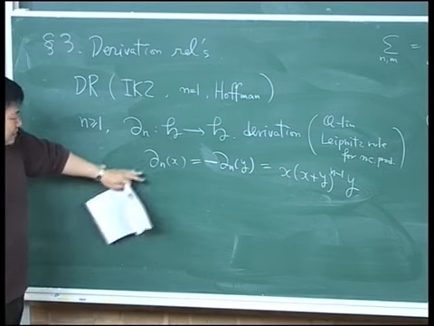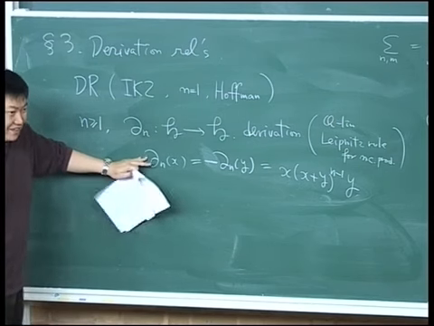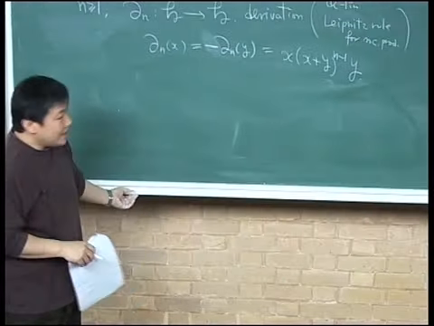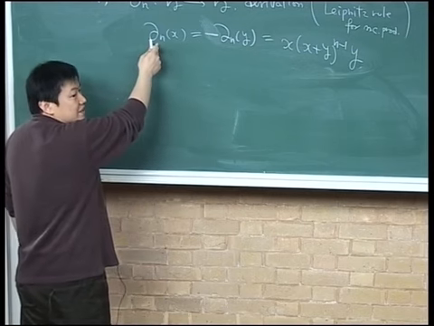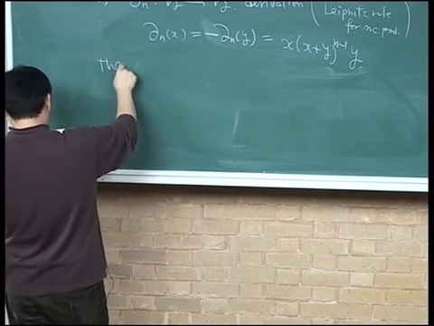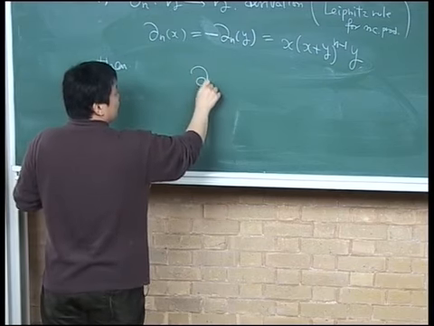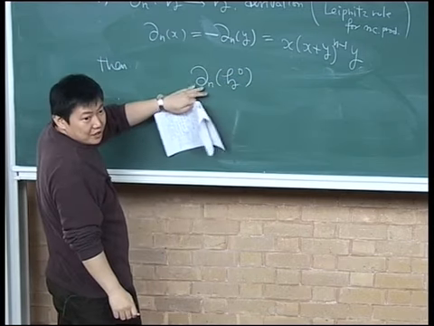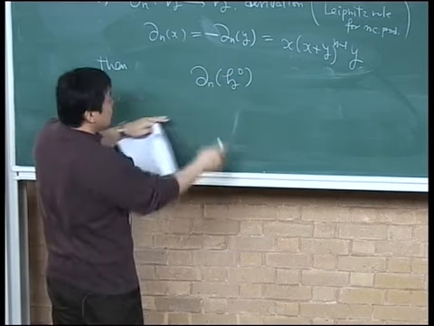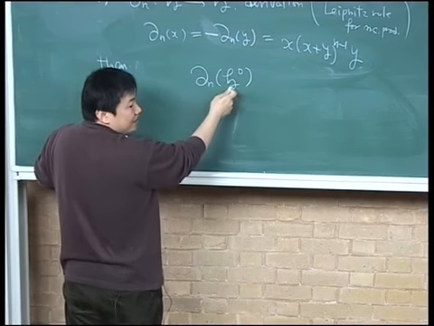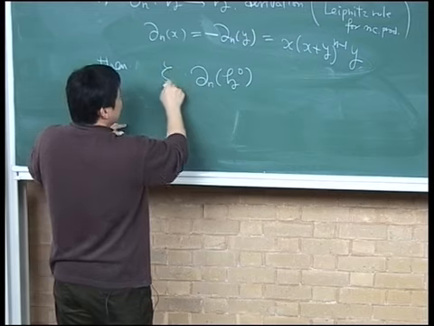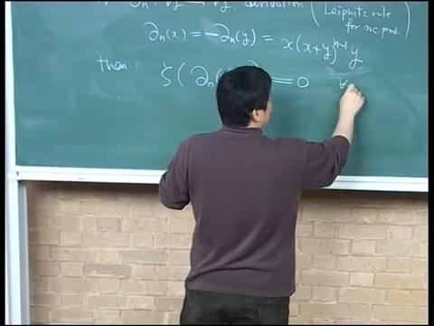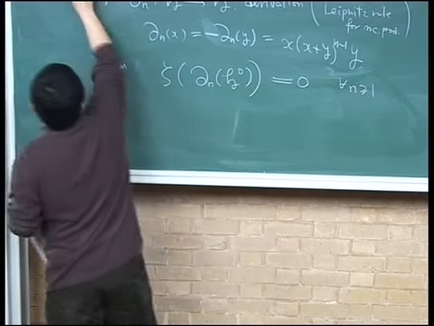It's a bit artificial. Anyway, we define derivation by this expression. Then the image of this derivation gives a relation. So apply this derivation to any element of H0. So this is an element in H0, we can prove. Then after evaluation, this becomes 0 for any n. This is a derivation relation.